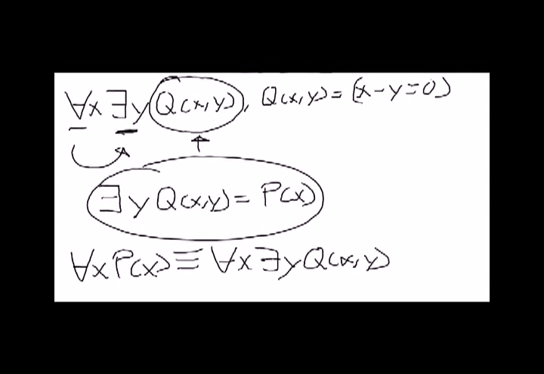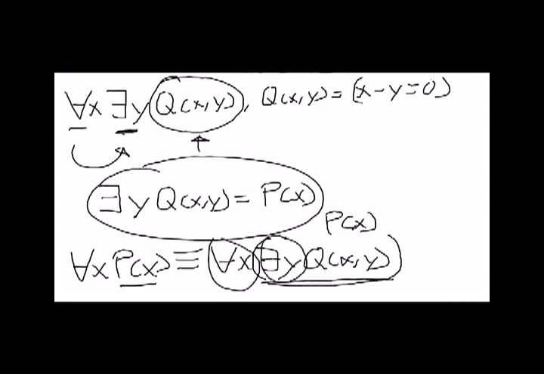Here we've consolidated this clause of our statement into this variable. The left-hand side says, for all x, p of x is true, and that's equivalent to saying, for all of x, this statement is true, where that equals p of x. This illustrates the fact that this quantifier is within the scope of this quantifier, illustrating the nested structure.